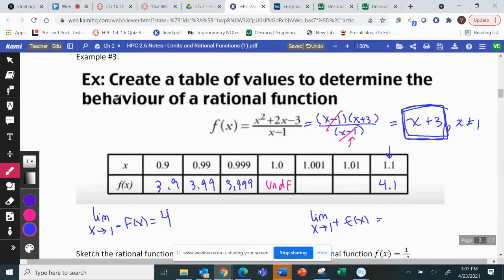I'm going to get closer to x being 1. I've got 1.01, which is 4.01, and then 4.001. What are we getting closer to? 4. So the limit as x approaches 1 of this equation would be 4.